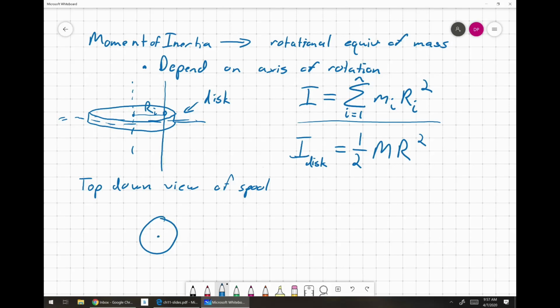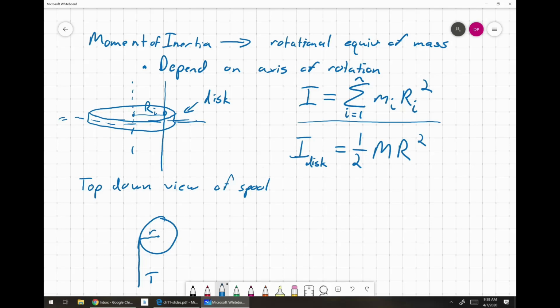And we have our axis of rotation, and we have a string that is wound around this. And it's going to come off at one side here. And so there's going to be some tension in our string. And that tension is going to then apply a torque to this spool.